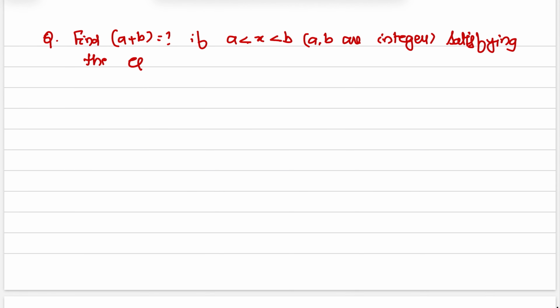What is the equation given? The equation is a mixture of absolute and ordinary values of x. Absolute x cube minus 7 into absolute x whole square minus 11x minus 23.